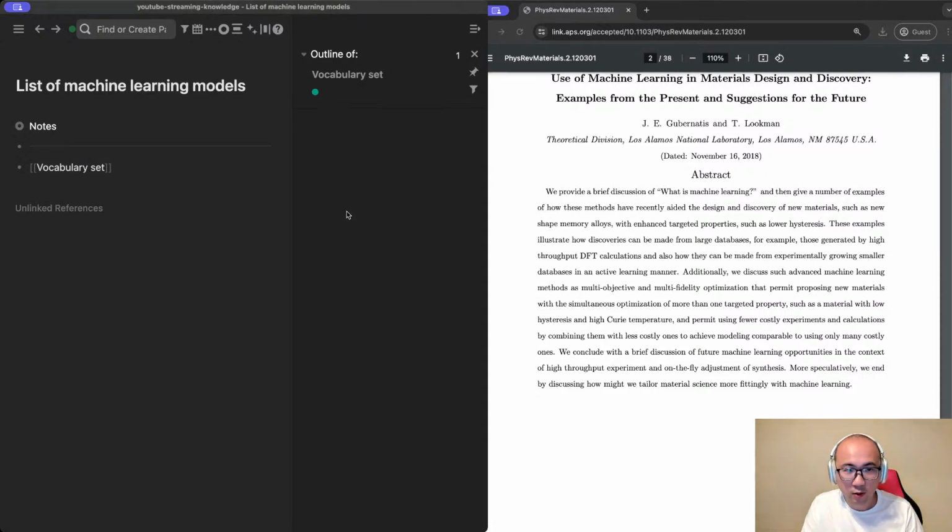For example, high throughput DFT calculation. There's also how they can be made from experimental, growing smaller databases. Active learning.